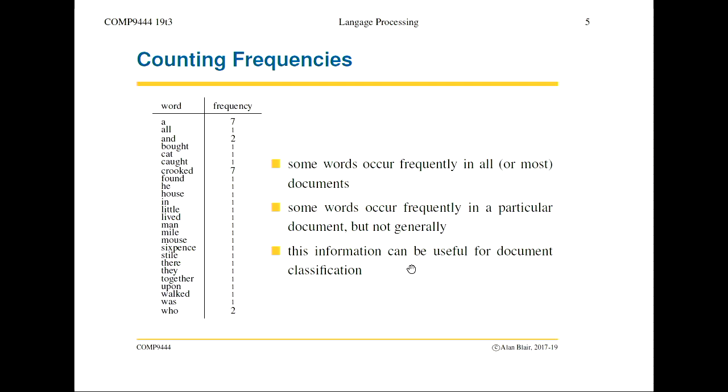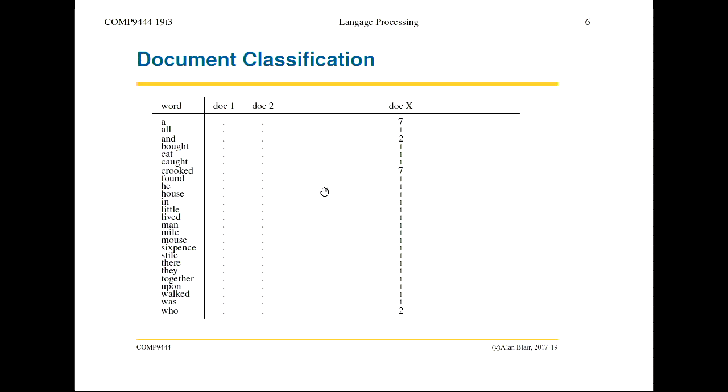Is it a positive review or a negative review? Based on that review, should you see the movie or not? If a stock on the stock market is mentioned in an article, should you buy the stock or not? Different things like this. Okay, so let's think about document classification.